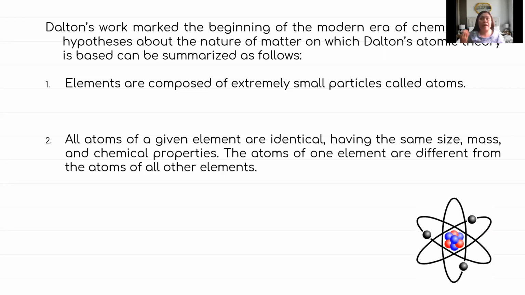They have the same sizes, even the same mass, and the same chemical properties. So for one element, all the characteristics of its atoms are identical. But when you say a different element like oxygen, the characteristics of its atoms are also different. So again, the atoms of one element are different from the atoms of all the other elements. That's the second theory of John Dalton.